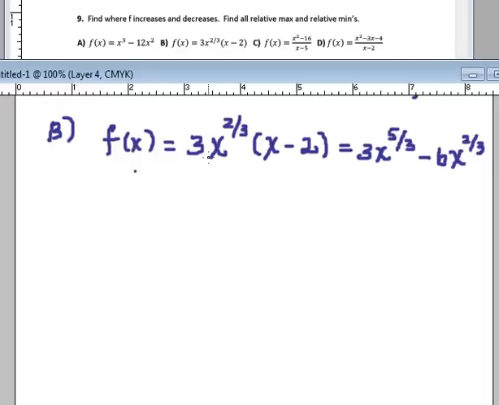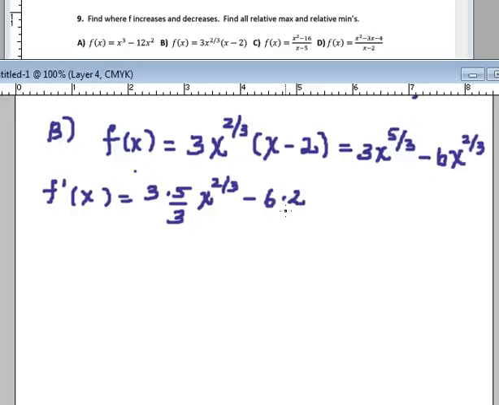And now we can just differentiate. So we have f prime of x is equal to 3 times 5/3 x to the 5/3 minus 3/3, that's x to the 2/3, minus 6 times 2/3 x to the 2/3 minus 3/3, that's minus 1/3.